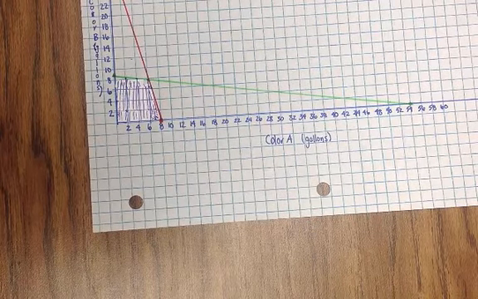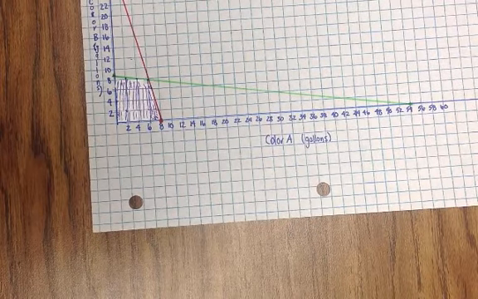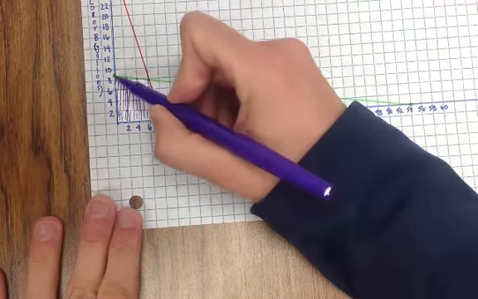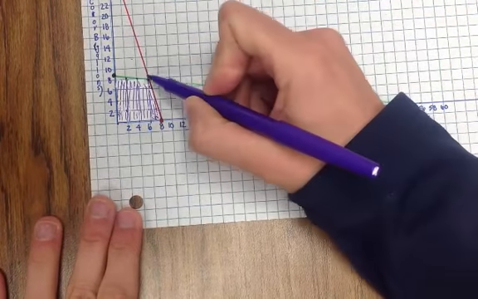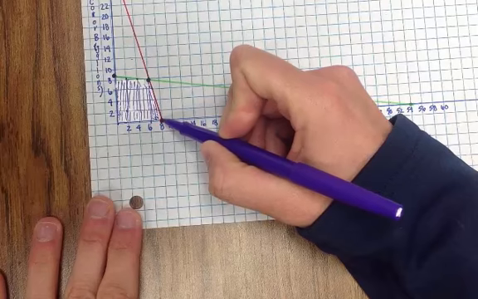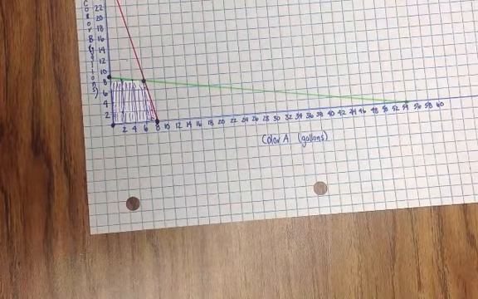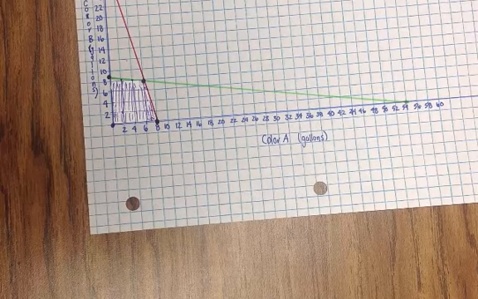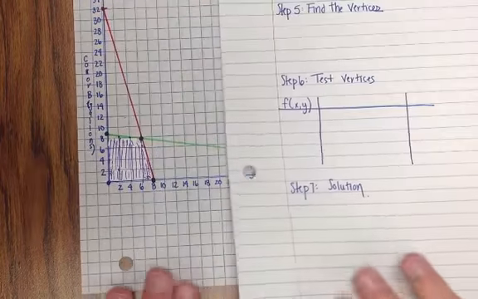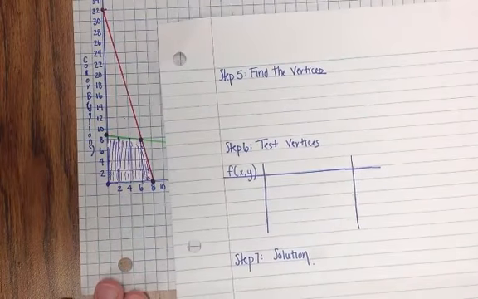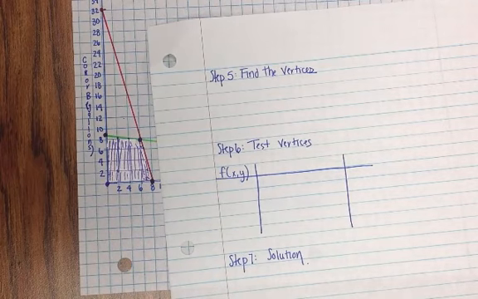And with my feasible region, I have to define it by the vertices. So here's 1 vertex, here's 2 vertices, here's my 3rd vertex, and here's my 4th vertex. So my next step in my solving is to define these vertices.